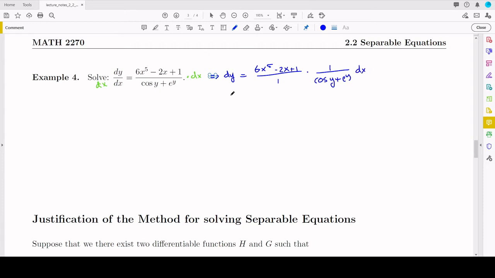Then our next step is to bring all the expressions with y to the other side, and I can do that by multiplying both sides by the quantity cosine of y plus e to the power y. I'm going to do that on the right hand side as well.